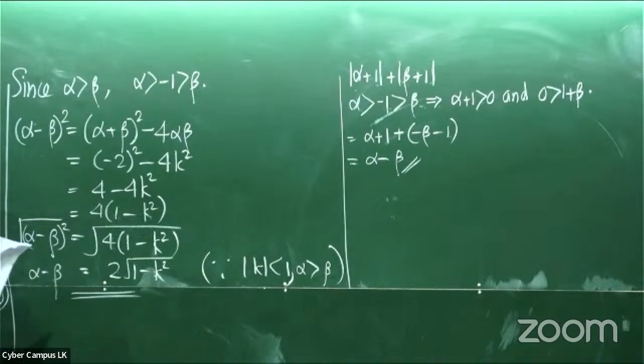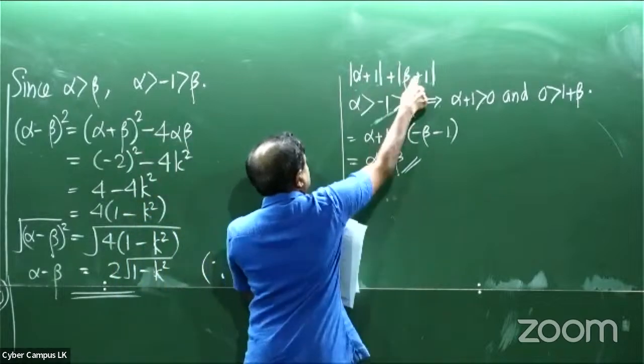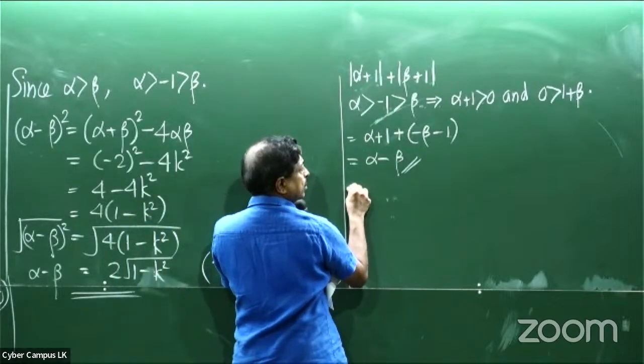Now you need to show that the quadratic equation with these two as the roots, alpha and beta, is as given.